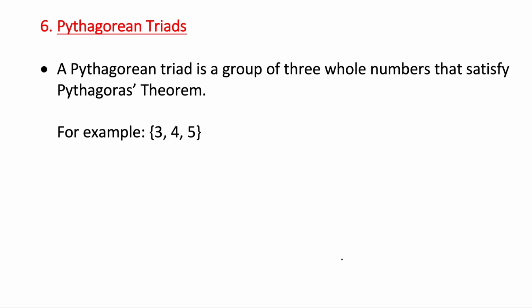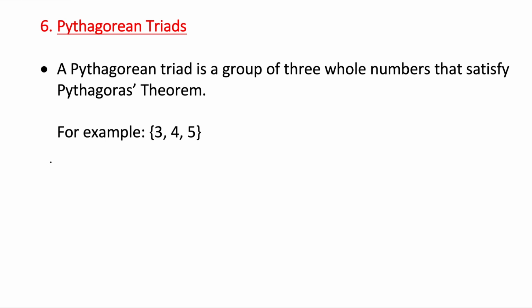The last part of these videos is to talk about Pythagorean triads. A Pythagorean triad is a group of 3 whole numbers that satisfies the Pythagoras theorem. If we look at this example, it says 3, 4, and 5 satisfy the Pythagoras theorem. So let's see why.